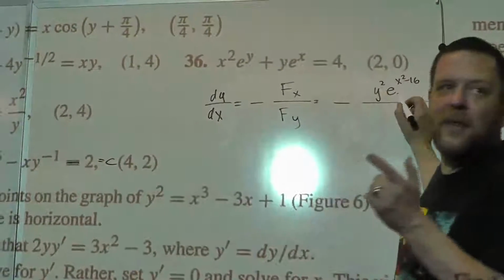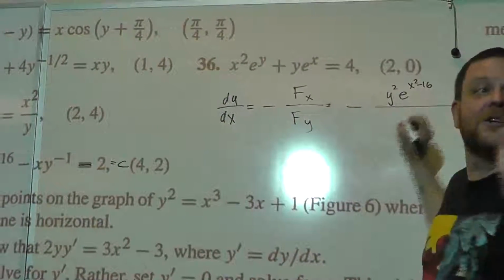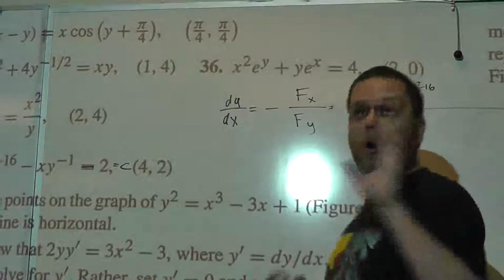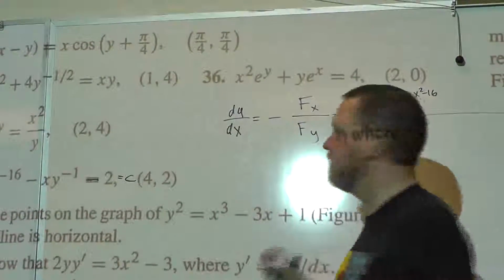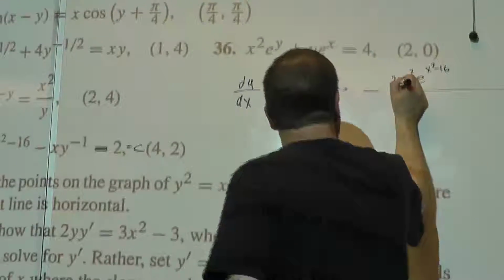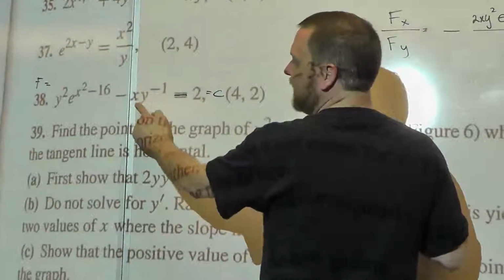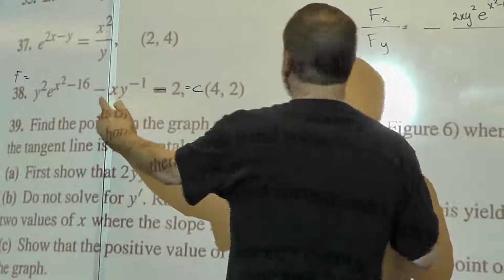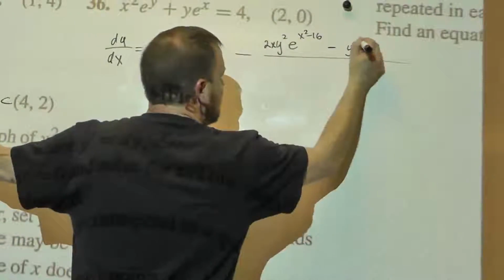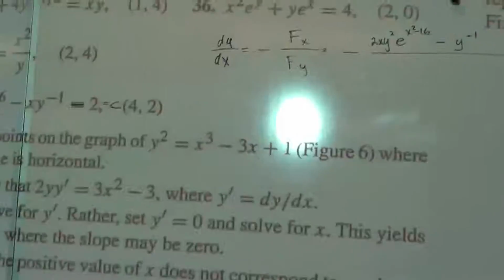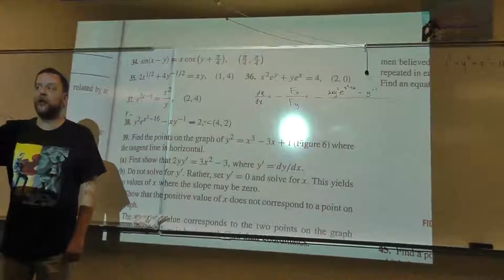One extra thing I need to multiply that by would be what? 2x, because of the chain rule, the partial x derivative chain. So technically put a 2x in the front there. And so that's done. The partial here with respect to x is linear, so that will be minus y to the negative 1. So the numerator of your derivative is done.